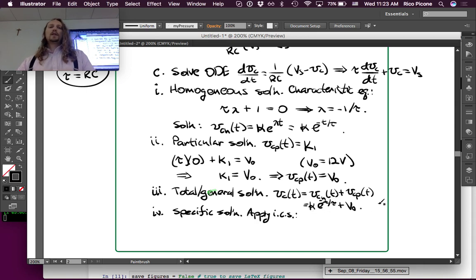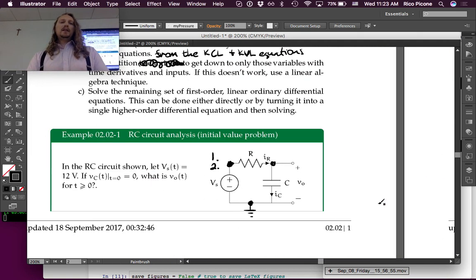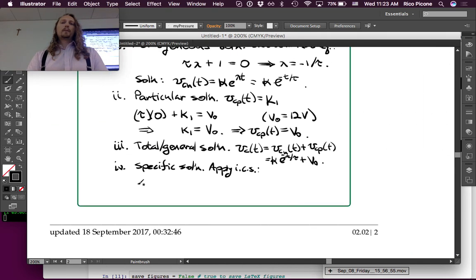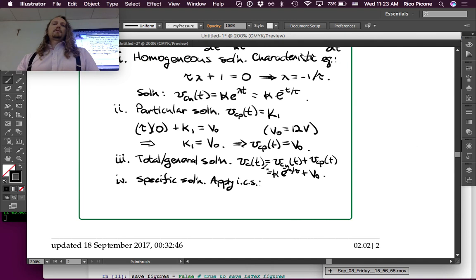The initial condition given was that VC at time equals 0 is equal to 0, right? So let's just plug that in.